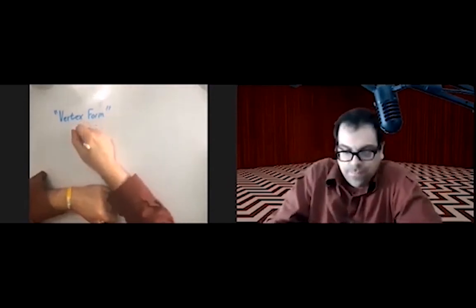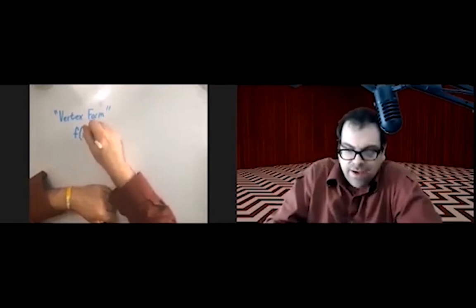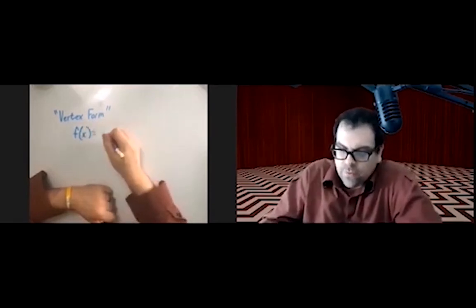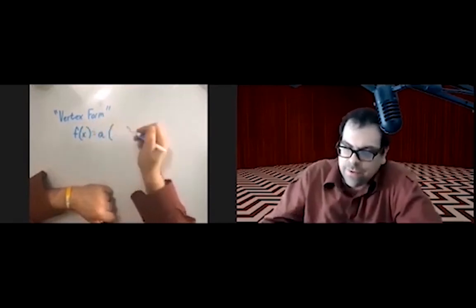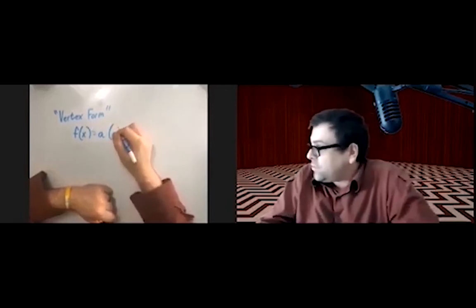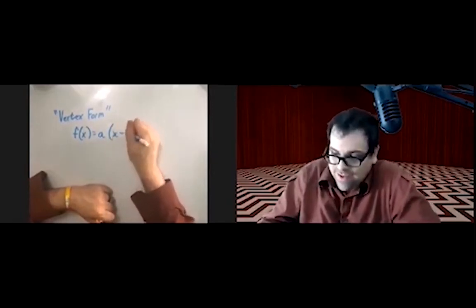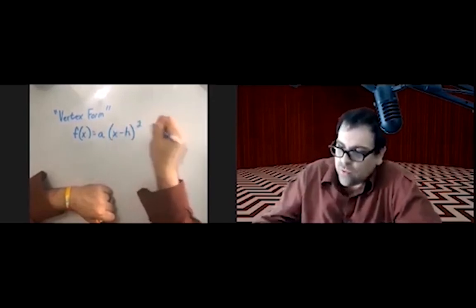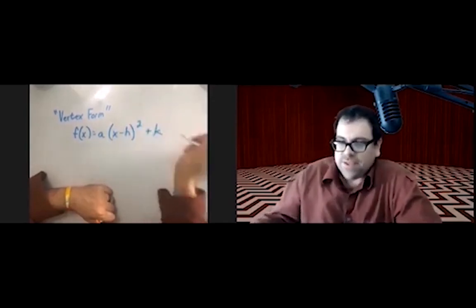This is y, or f of x, equals a times the quantity x minus h squared plus k.